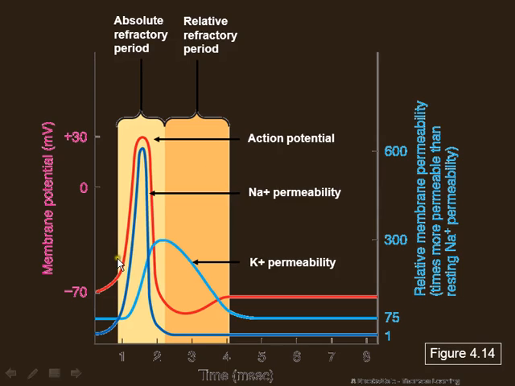Anyway, so all of them are absolutely open. This period right here, while everything is in a 100% state, is part of the absolute refractory period. Can you get more than 100% of those channels open? Absolutely not. It's part of the absolute period. Up at the peak, 100% of the sodium channels close. Can you close more than 100%?